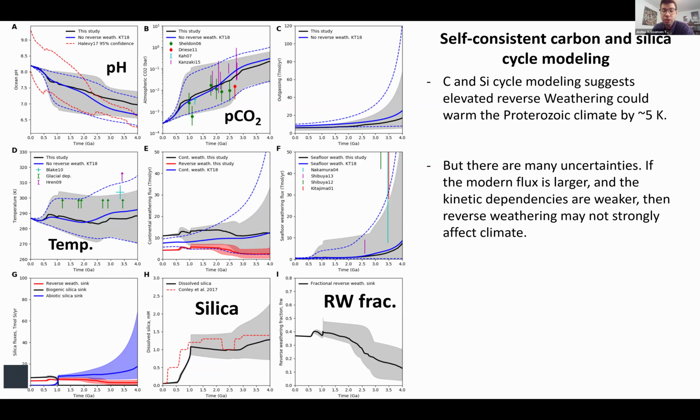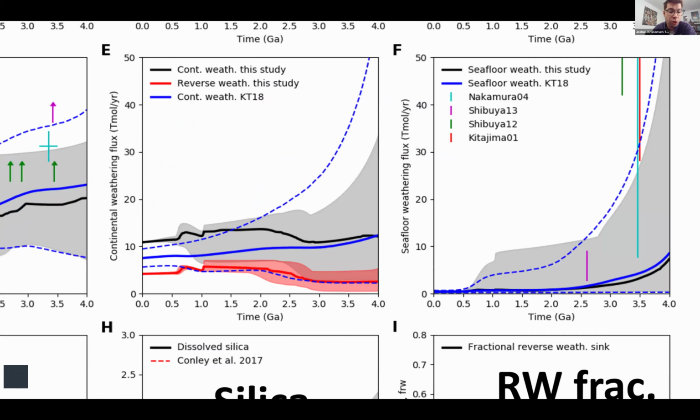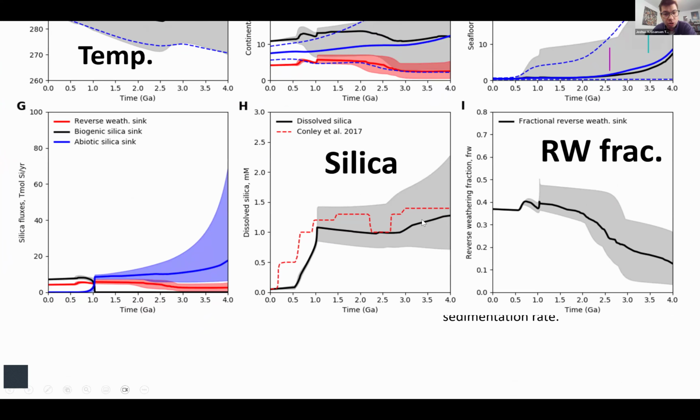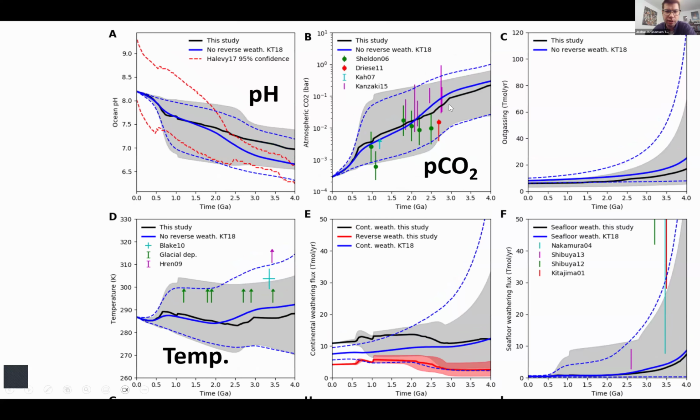So here we've assumed the kinetic dependencies of reverse weathering are weaker. We've assumed a larger modern flux of reverse weathering based on various recent estimates. And in this case, you find that there really isn't much of a change in reverse weathering, even though you're still recovering that huge change in dissolved silica concentrations going from the Precambrian into the Phanerozoic. And so consequently, the effect on CO2 and temperature evolution is pretty negligible.